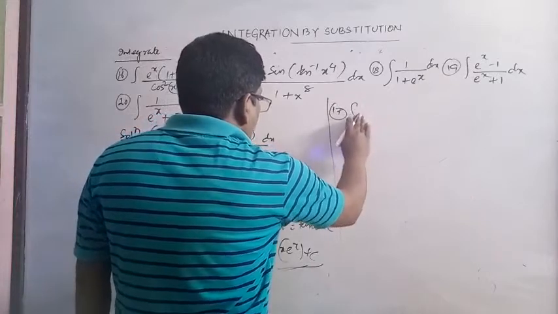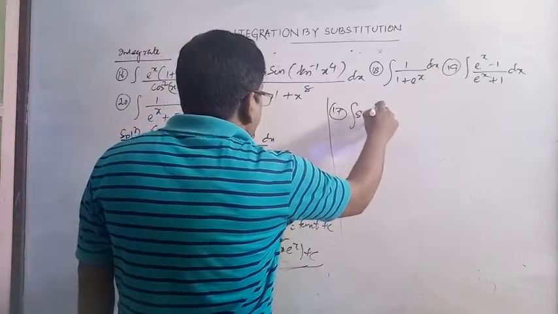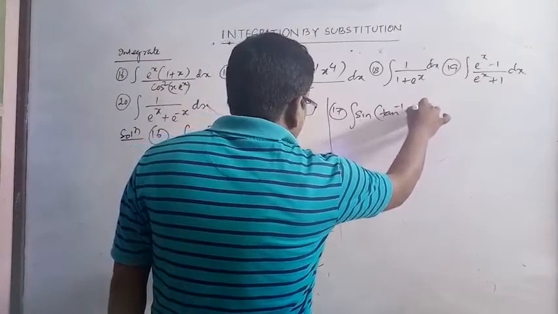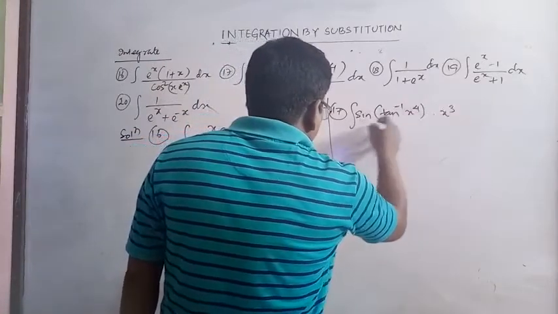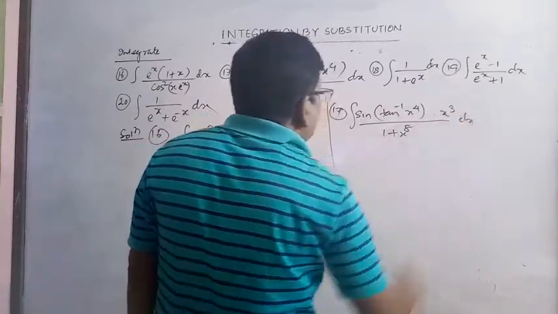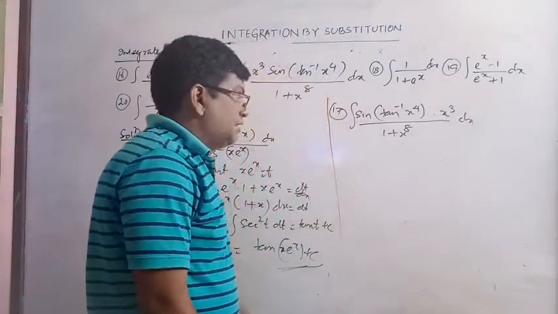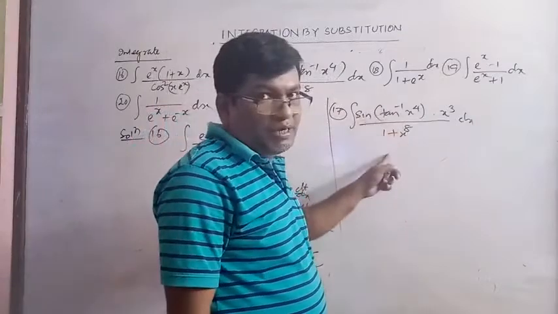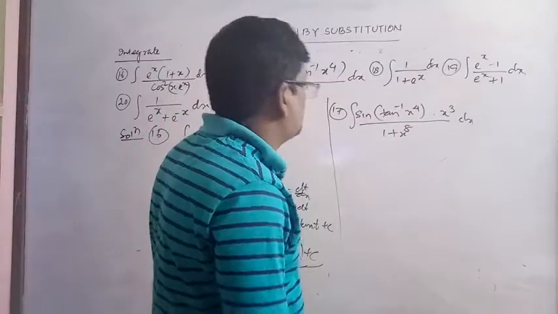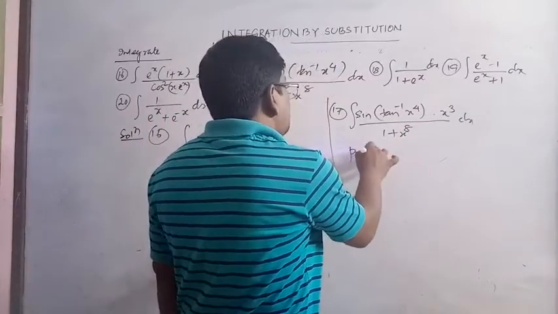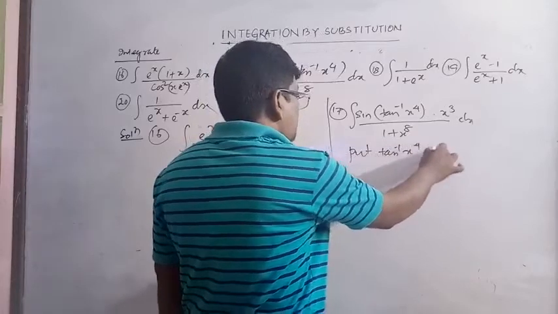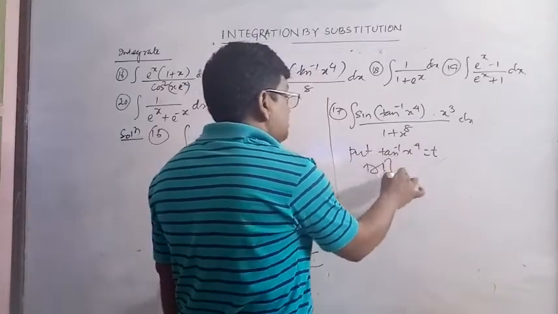Integration of sin of tan inverse x fourth, into x cube divided by 1 plus x to the power 8 dx. What is the derivative of tan inverse x fourth? It is 1 by 1 plus x to the power 8 into 4x cube. So put tan inverse x fourth equal to t and differentiate.